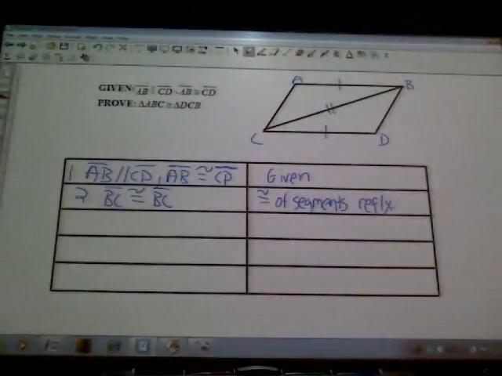And angles have to have one side on a parallel line. So with this, we know that angle ABC is congruent to angle BCD.